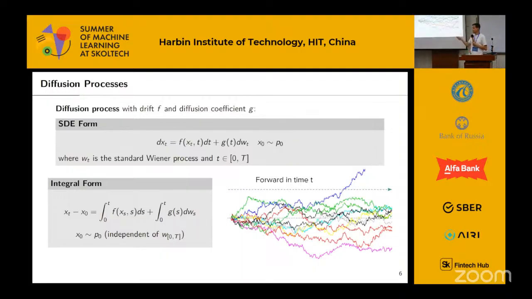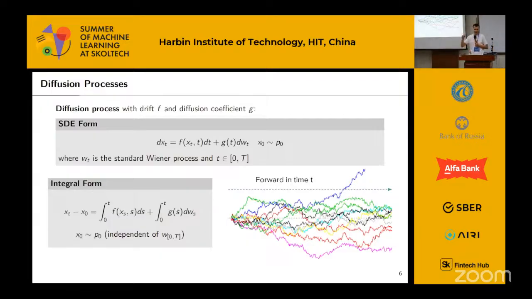So what does this mean? In fact, this means that to get some particular point of the trajectory of this stochastic differential equation, we need to integrate this stochastic process. So in the integral form, we can write down this stochastic differential equation this way. One particular simplest variant of a stochastic process is the Wiener process or the Brownian motion.